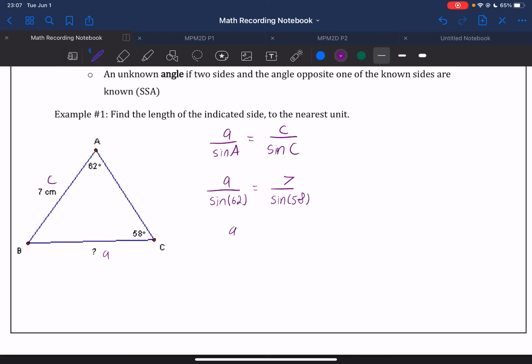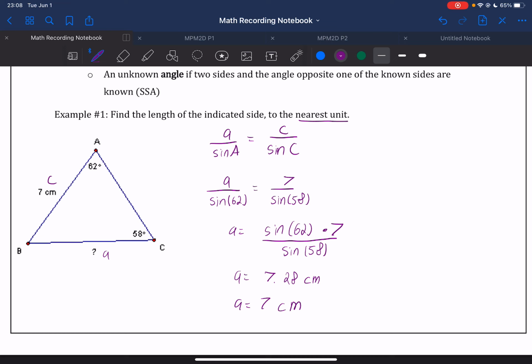So we get A equals sine 62 multiplied by 7, all over sine 58. We put that into our calculator, and it's going to give us A equaling 7.28 centimeters. The question is asking us to find it to the nearest unit, so it's going to be 7 centimeters. That is our first example.